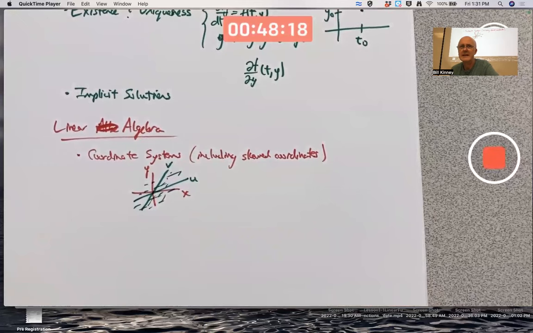It seems like a really weird idea, like why would you ever do such a thing? But we'll see in chapter 3, it's actually very useful to give yourself the flexibility to do that, because some problems are more easily solved in skewed coordinates than in ordinary coordinates.